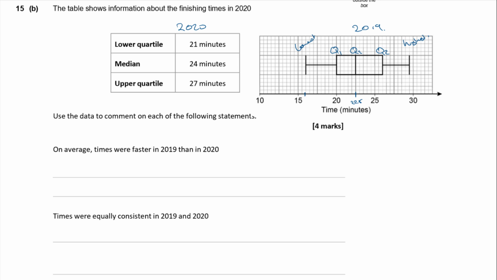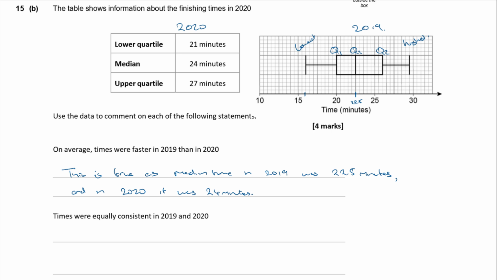So what am I going to say about this? This is true as median time in 2019 was 22.5 minutes, and in 2020 it was 24 minutes.